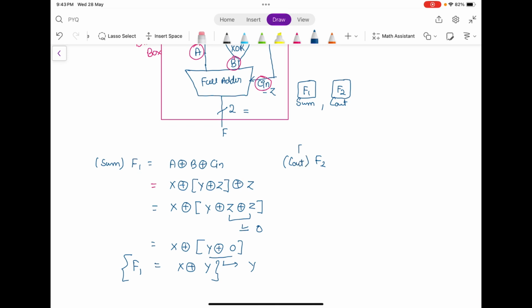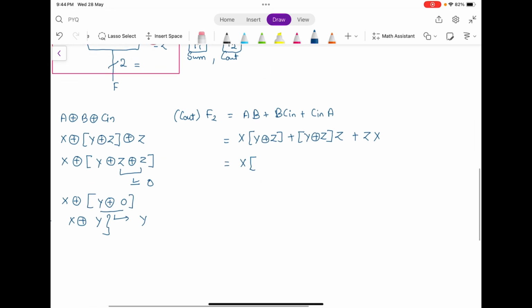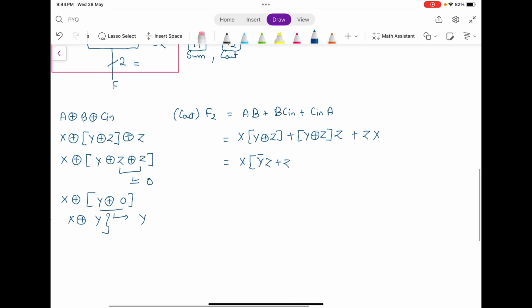It is not going to be a carry out as such, but for you I am writing this as AB or BC in or C in A. Now putting the values of A as X, B as Y XOR with Z, and C in as Z. A little bit of simplification: XOR can be written as Y bar Z plus Y Z bar.